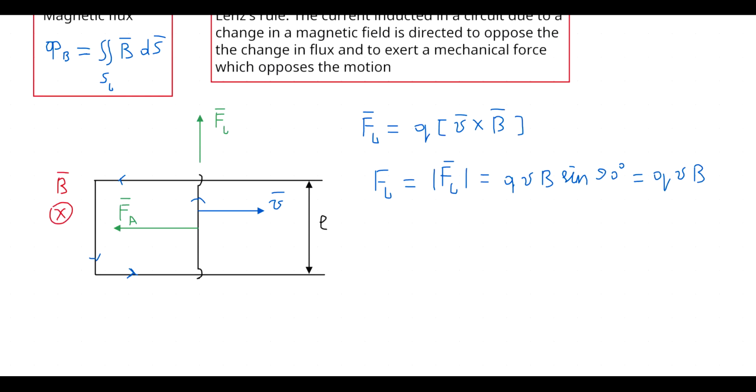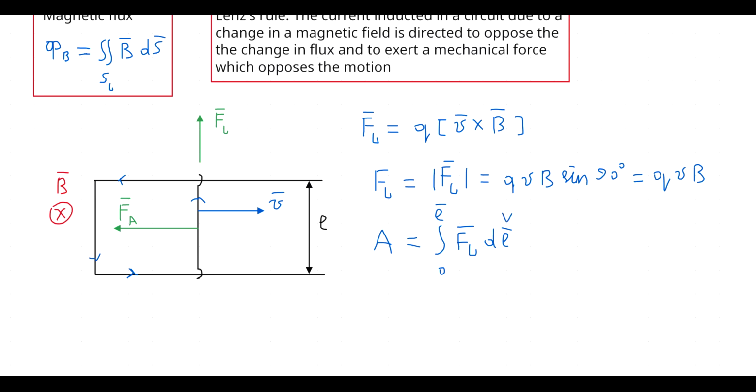So we can remember from mechanics that this work is equal to the integral of FL dl, and the length of the path should be from 0 to L. L is length of the rod.